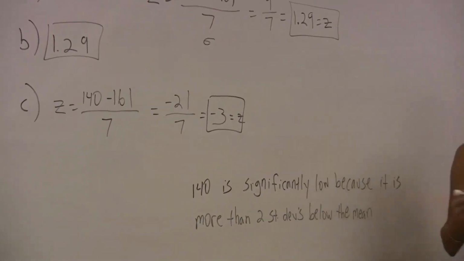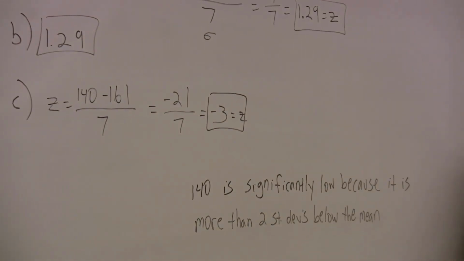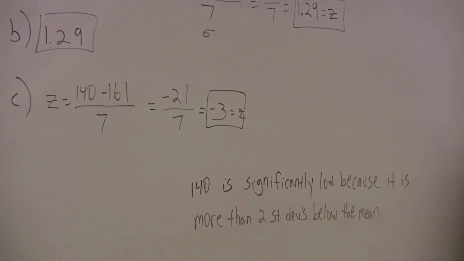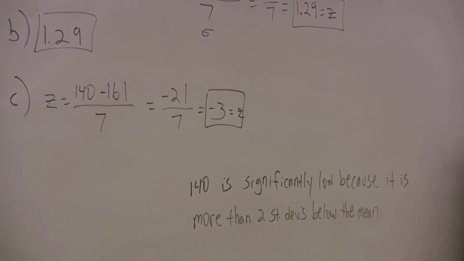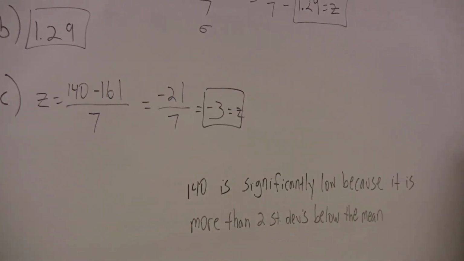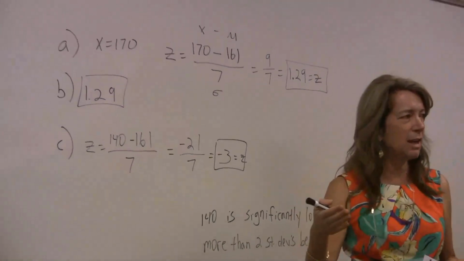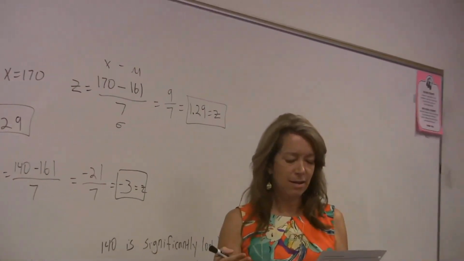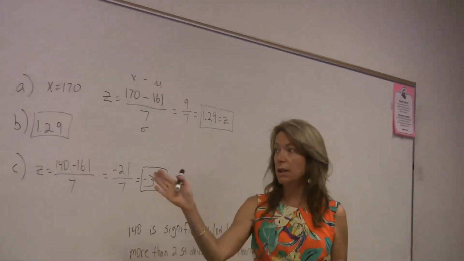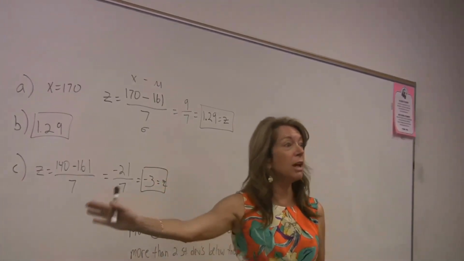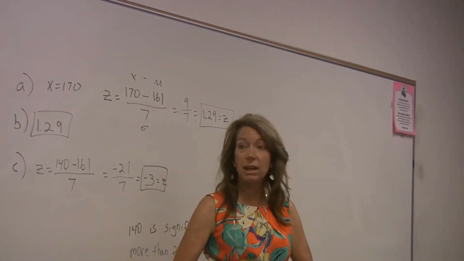What's a shorter way to say that in terms of z-scores? What's the z-score? Maybe you just put z equals -3. And what's the cutoff z that tells me something is significantly low? 2, close, but we're talking about low. On the low end, it would be -2. Anything below -2 would be significantly low.